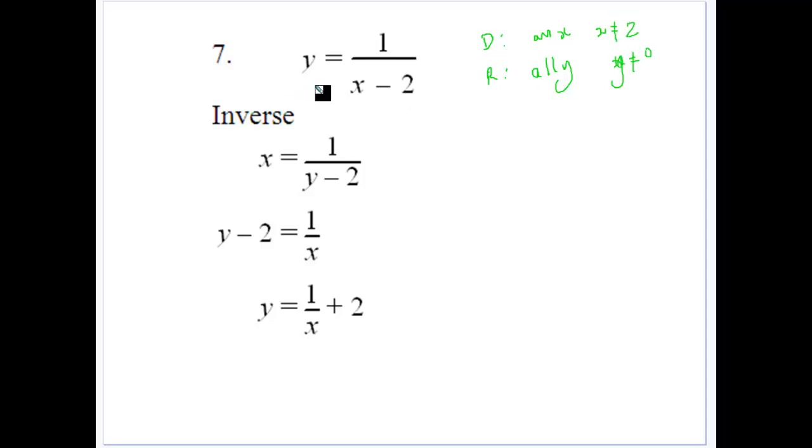So you can't put y is equal to 0, because 1 divided by anything can't give 0. So again, the domain and range is going to swap around here, as you can see. The domain of this one will be that x can't be equal to 0, and thus, if that's the case, we can't get y is equal to 2, because there's no way that can be 0, so you can't have y is equal to 2. So there's your asymptotes of your inverse function.